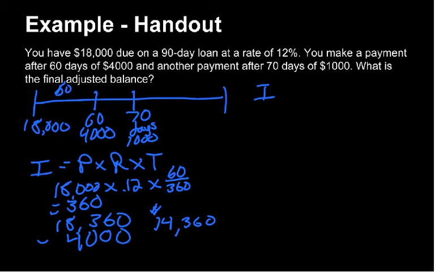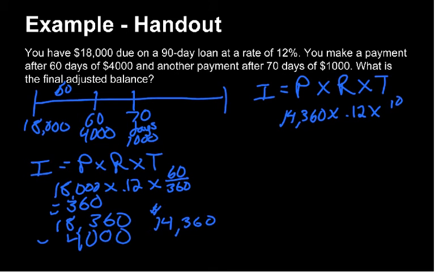Now we need to find interest again on the next 10 days, so that's principal times rate times time, and we're going to fill in the principal now of $14,360 times the rate, 0.12, times time, but this is now only 10 days, so 10 days out of 360.